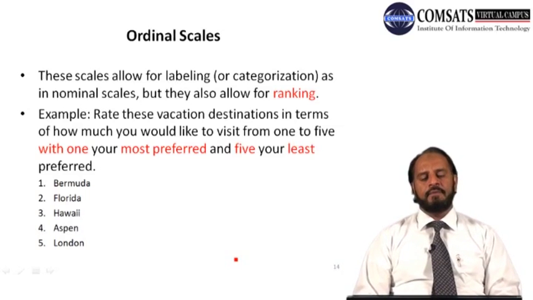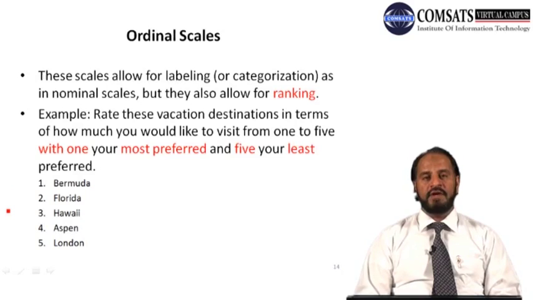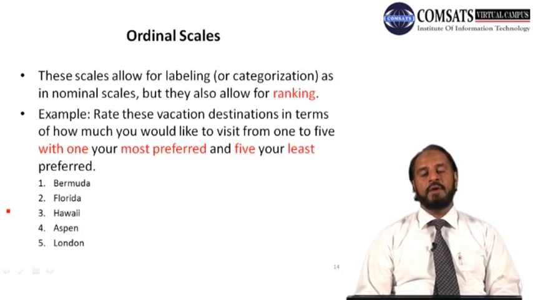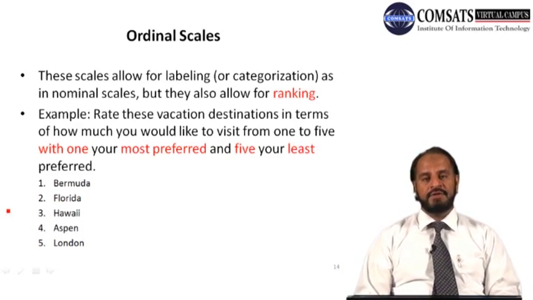What we mean by that is, let's say we want you to rate vacation destinations in terms of how much you would like to visit, from 1 to 5, with 1 the most preferred and 5 the least preferred. They have listed, let's say, 5 of them: Bermuda, Florida, Hawaii, Aspen, London. These are the 5 locations where they will be offering a vacation package.